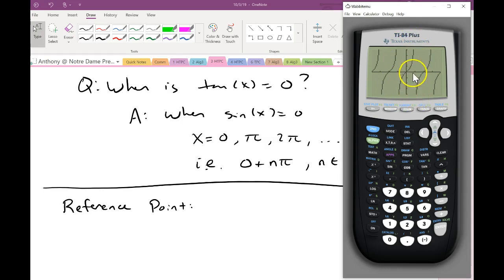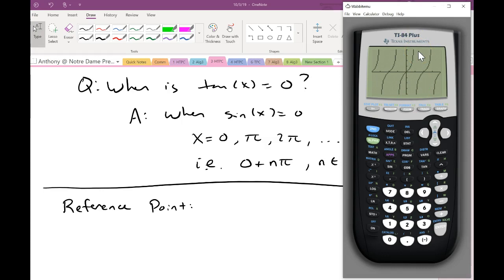So say I'm looking at this middle section here. I'm going to want an asymptote, a point on the lower arm, a point on the midline, a point on the upper arm, and then another asymptote. Everybody okay with that?